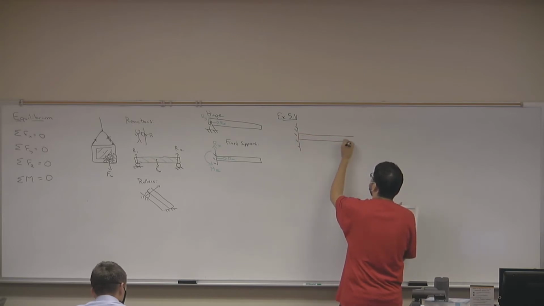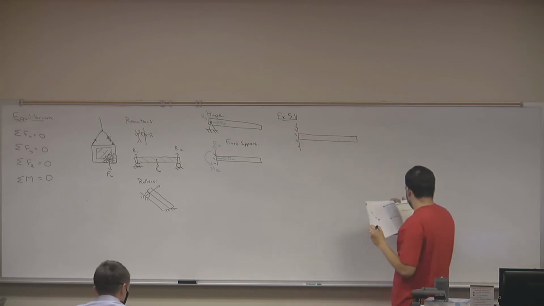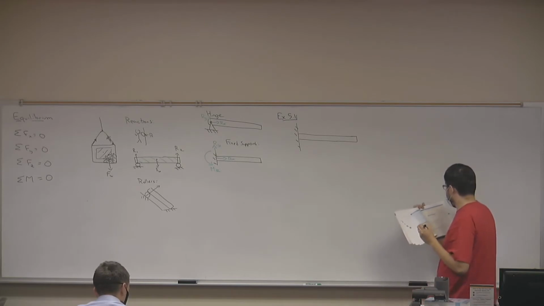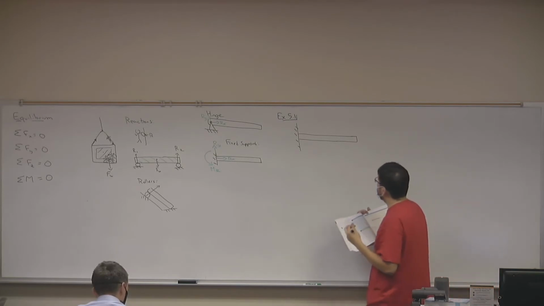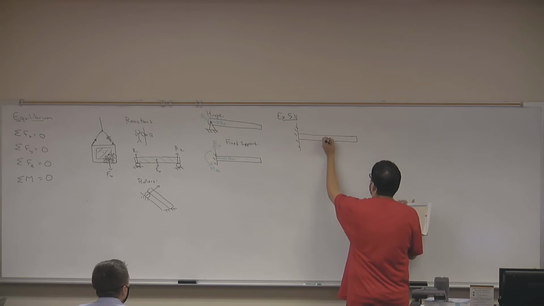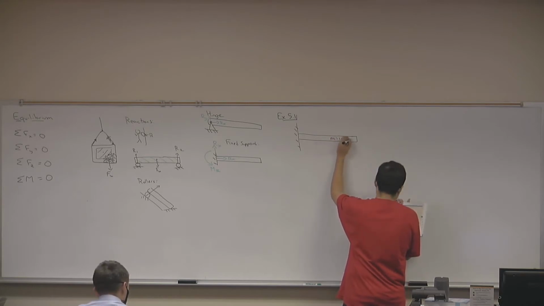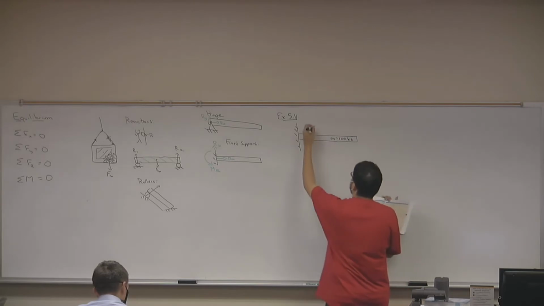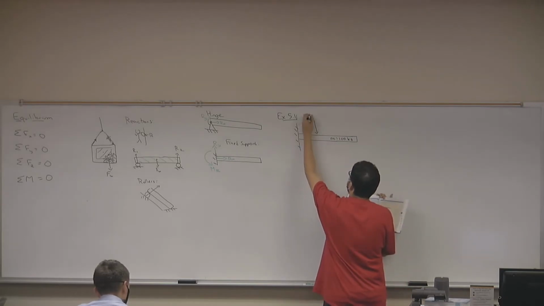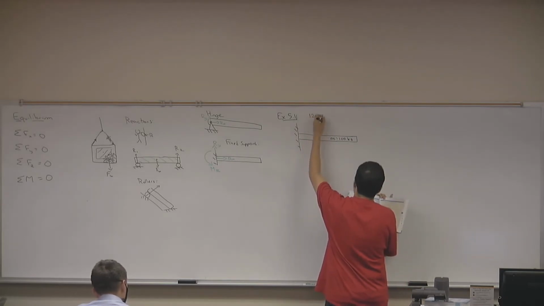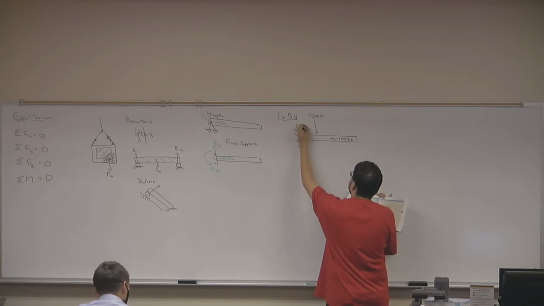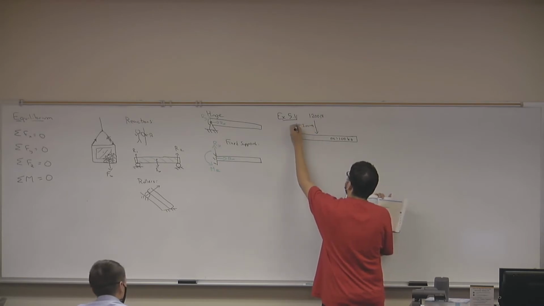Now this beam is static, meaning it's not moving. The mass of the beam, I'm just going to write it here, the mass is 100 kilograms. And there is a force of 1,200 newtons acting at a distance of 2 meters from the wall.